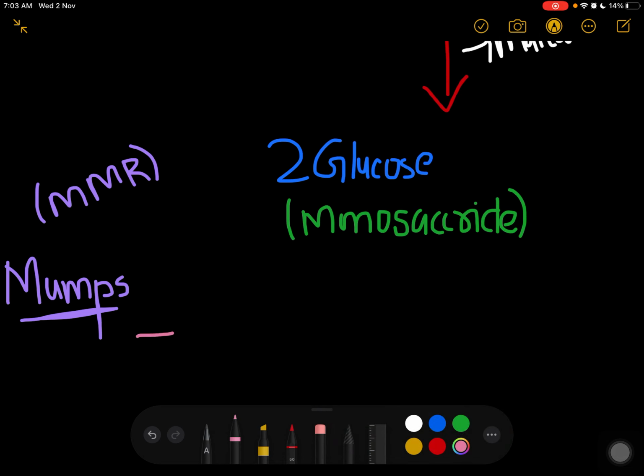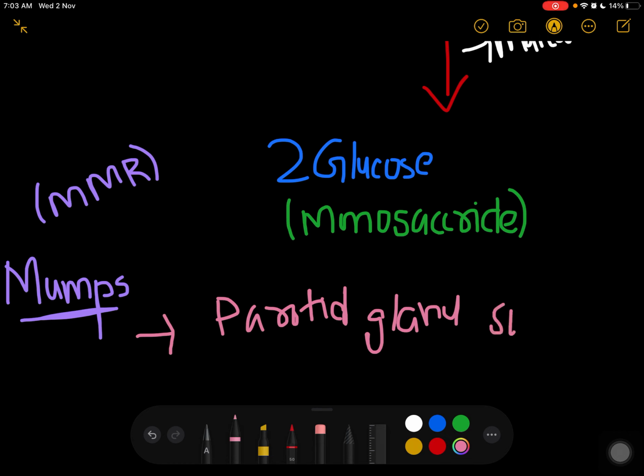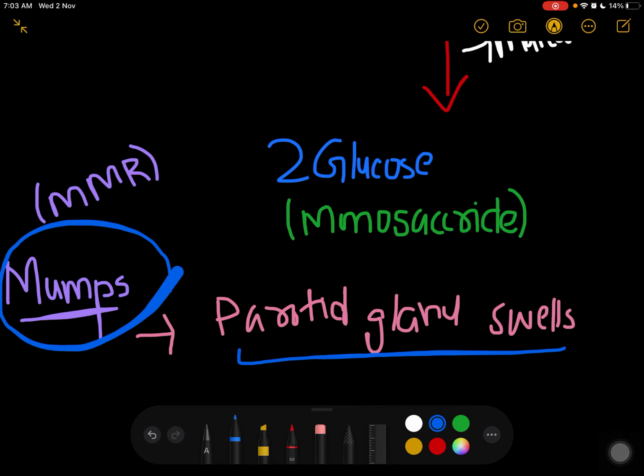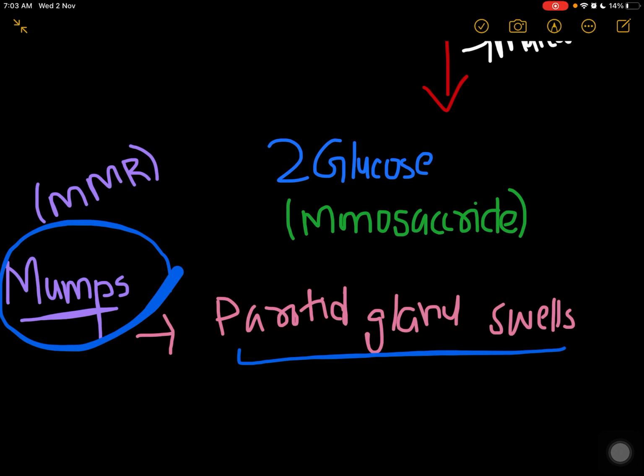What happens in this disease? It is basically a viral disease. The parotid gland swells. The swelling of the parotid gland is known as mumps, and it is a viral disease, but a vaccine is available, and we usually give it to children who are just born. So I hope the concept of the parotid gland is clear to you.